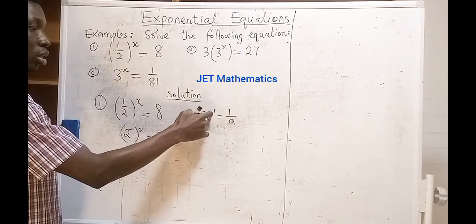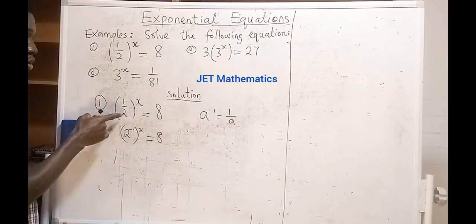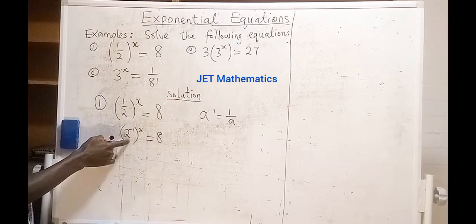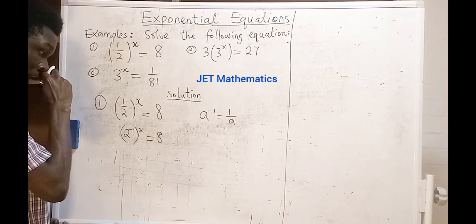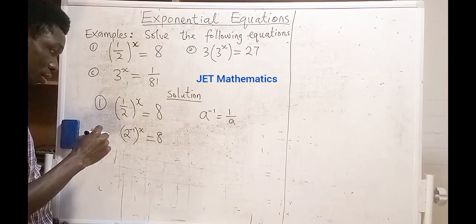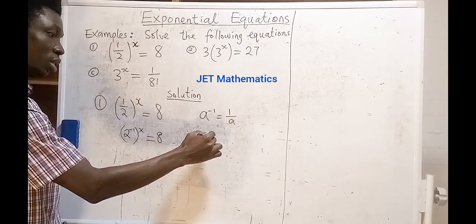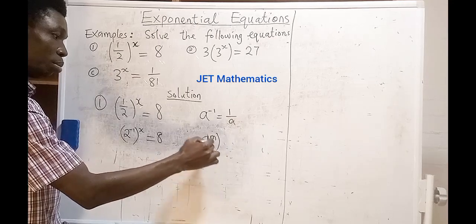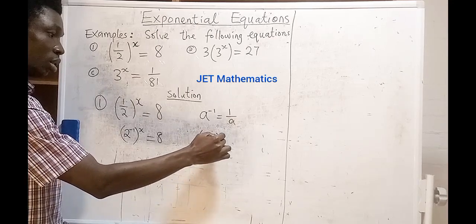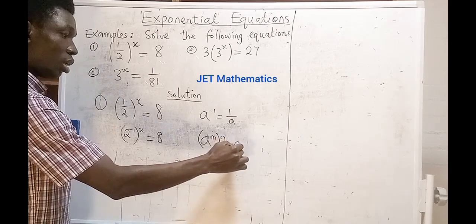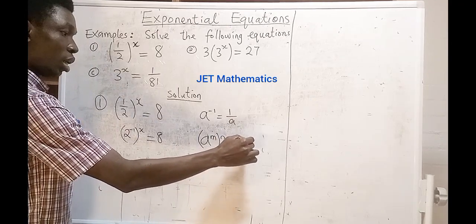Using this relationship, we've been able to write this as this. We can further use the relationship from laws of indices: (a raised to the power of m) raised to the power of n is a raised to the power of m times n.